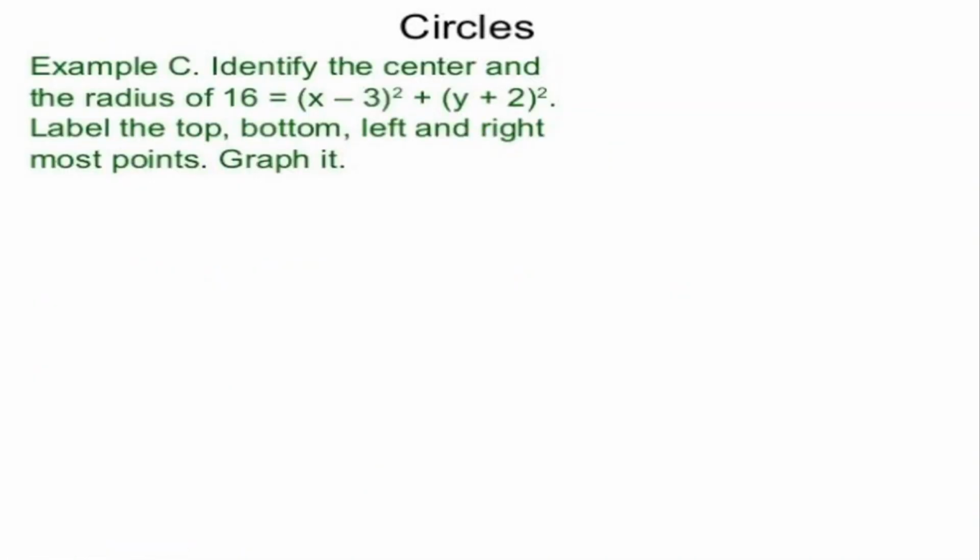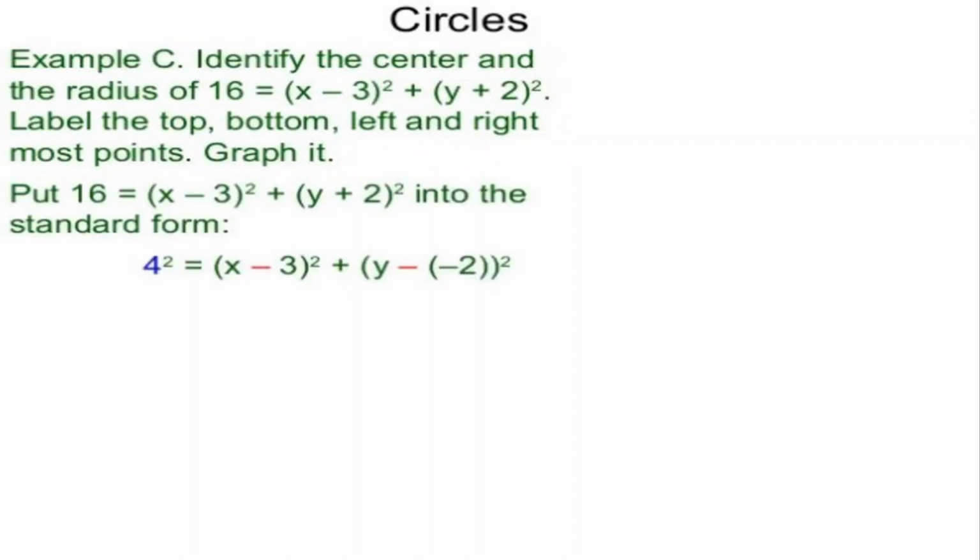Next example. Identify the center and the radius of 16 is equal to x minus 3 squared plus y plus 2 squared. Label the top, bottom, left, and right point of the circle.